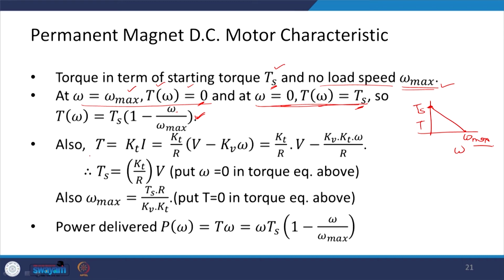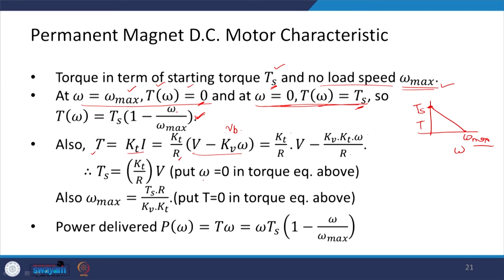Now, the torque generated by this permanent magnet DC motor is given by the torque constant into current, and the current I can write as (V - Kv omega)/R, where this is V minus VB, the back EMF part, divided by R. Then I can expand this as Kt V/R minus Kt Kv omega/R.